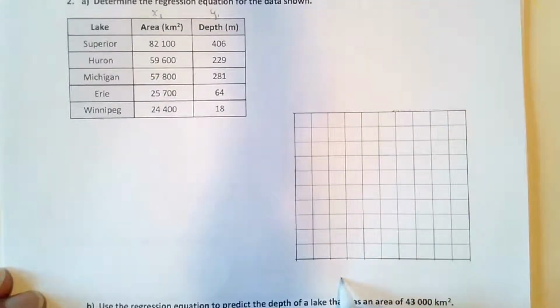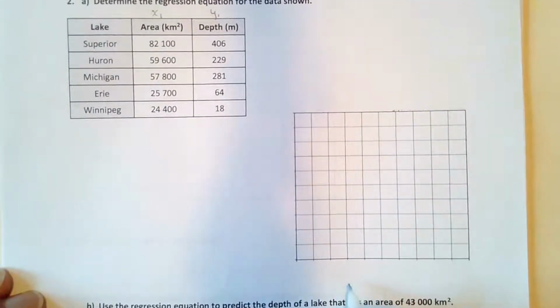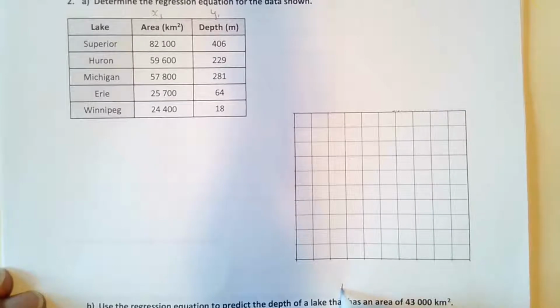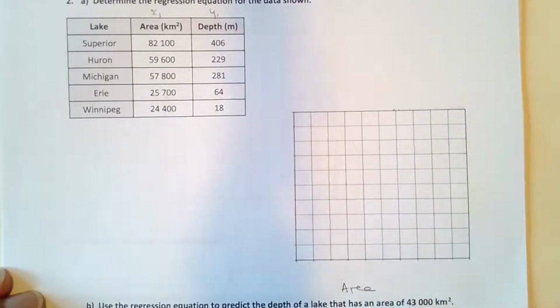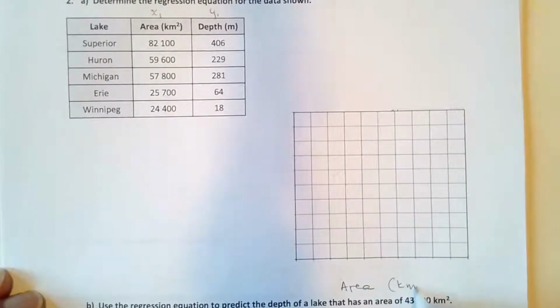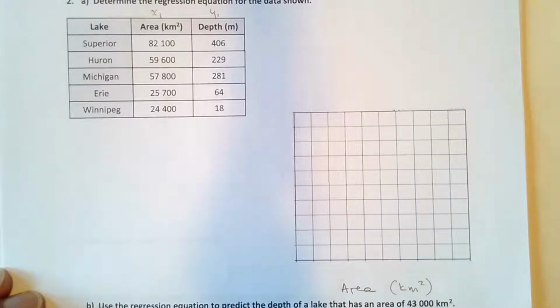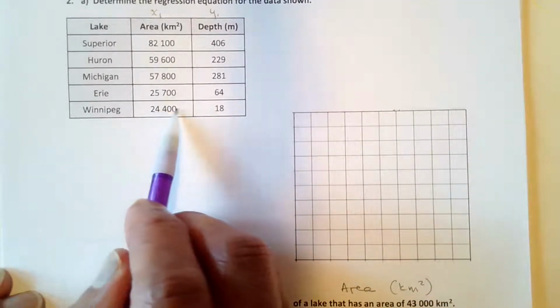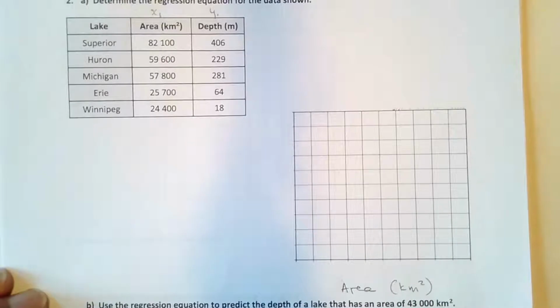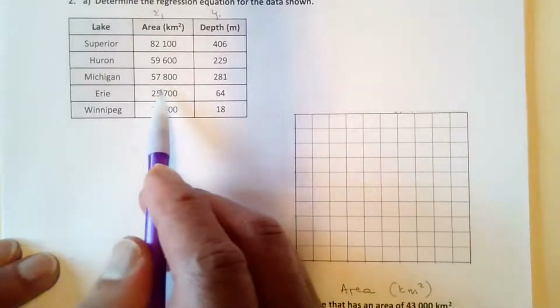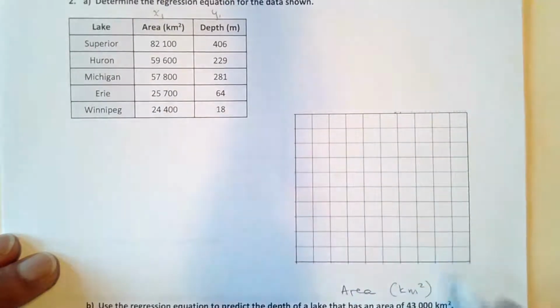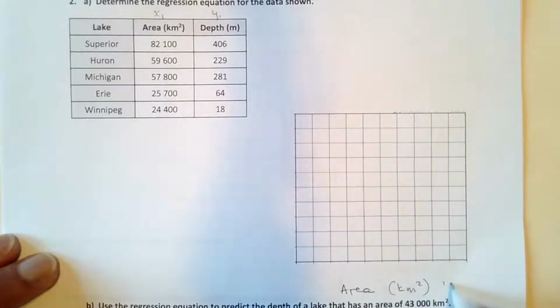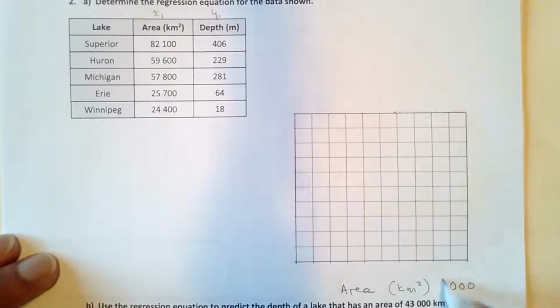So we can label our horizontal axis or x-axis as area, and this is in kilometers square. And notice it's going up by a huge amount of numbers here. So we can make these into thousands, put 3 zeros beside it.